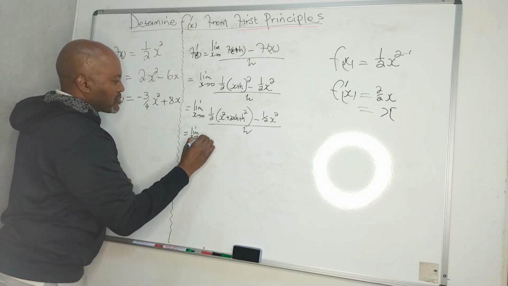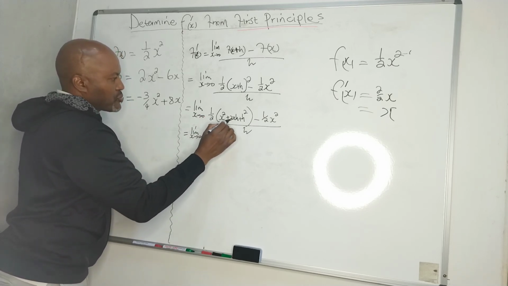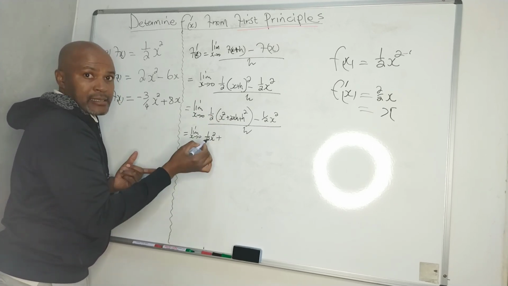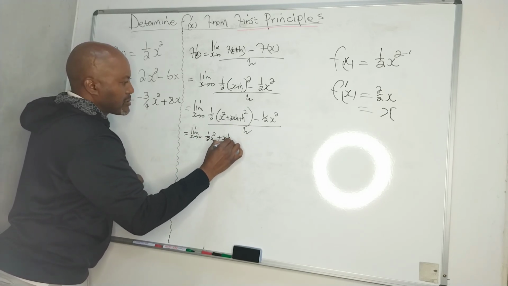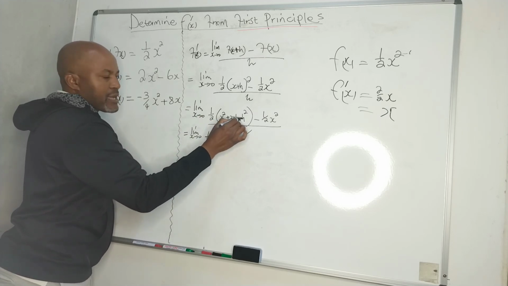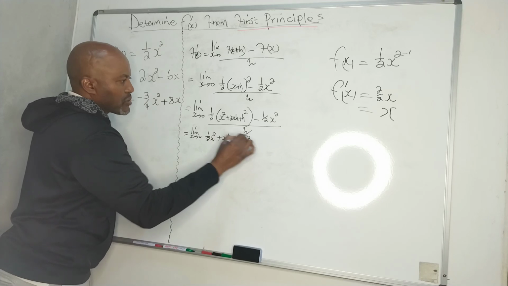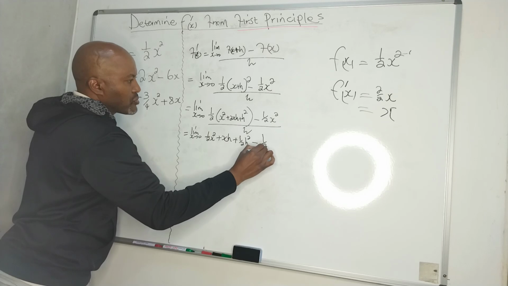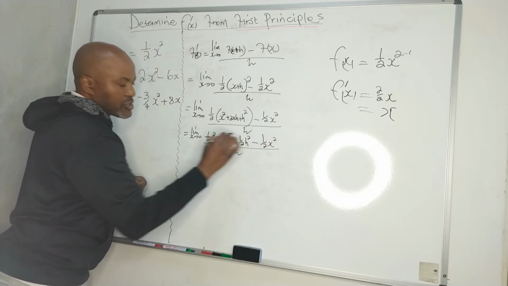Half multiplied by x squared, you get 1 over 2 x squared, plus half multiplied by 2xh is 2 over 2, which is 1. That 1 multiplied by xh, you get xh, plus half multiplied by h squared, you get 1 over 2 h squared, minus the whole function there, which is 1 over 2 x squared, all over h.